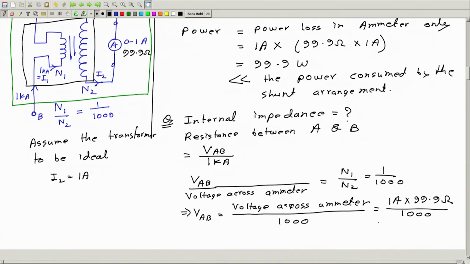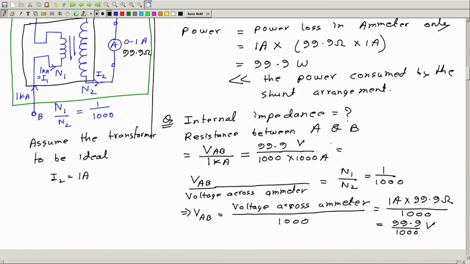Okay, so this is equal to 99.9 by 1000 volt, and from this we can write this internal resistance as VAB by 1 kilo ampere, which is now VAB is this 99.9 by 1000, and this is 1 kilo ampere, so another 1000 volt by ampere.